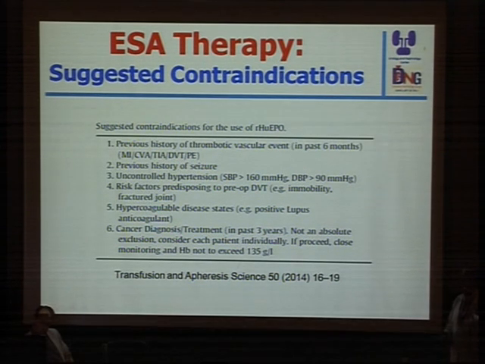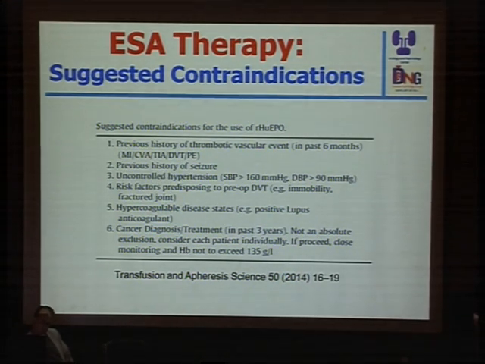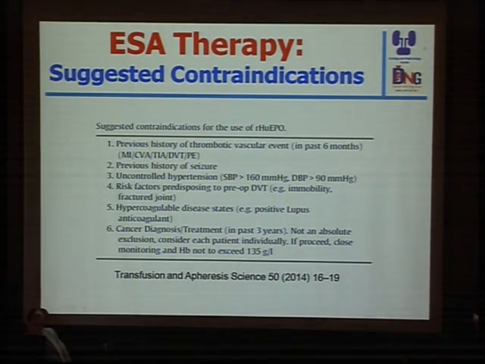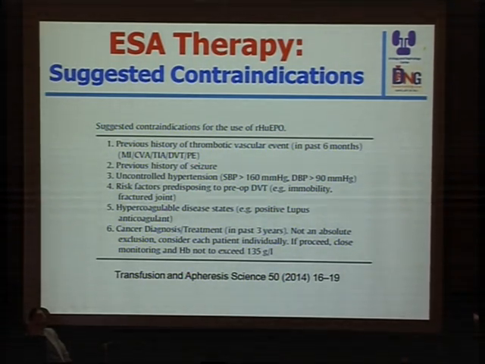So we should look at these suggested contraindications or precautions that include previous history of thrombotic vascular event in the past 6 months, myocardial infarction, cerebrovascular accident, transient ischemic attack, DVT, pulmonary embolism.